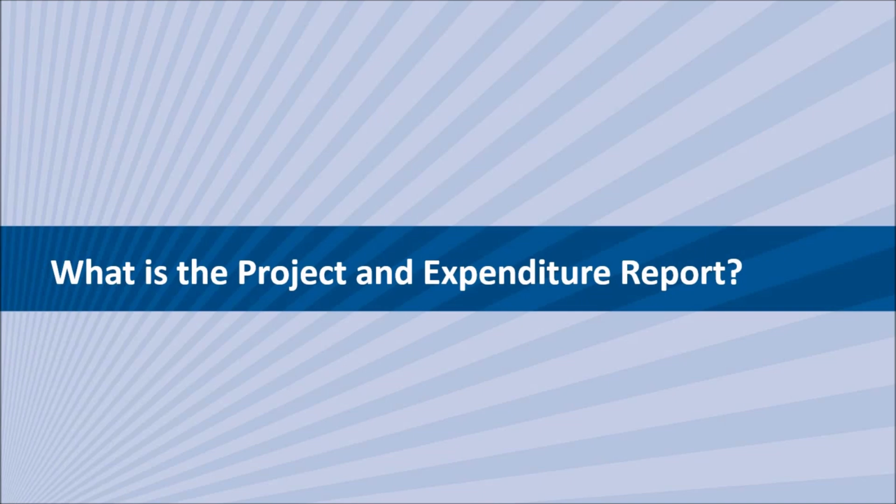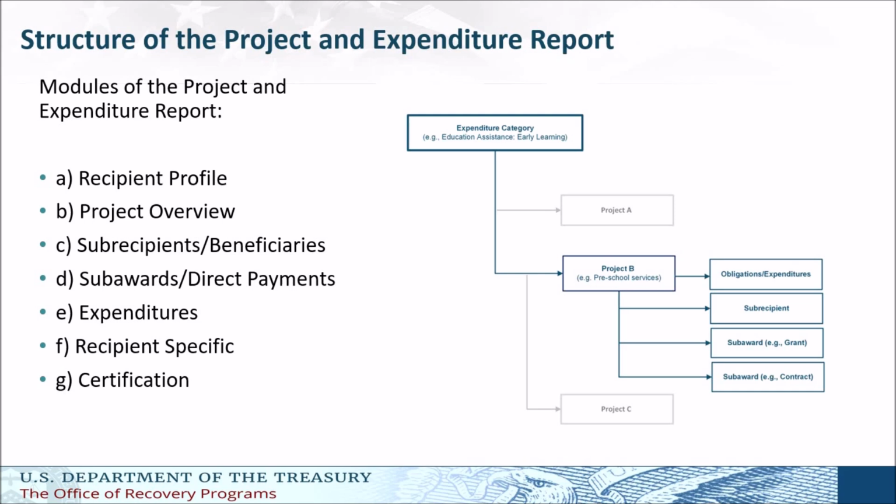So with that out of the way, let's just cover first what is the project and expenditure report. The Project and Expenditure Report is one of the primary ways that all recipients of SLFRF funds will complete financial, performance, and compliance reporting requirements as outlined in the compliance reporting guidance. As the name suggests, the report will collect information on all SLFRF funded projects.